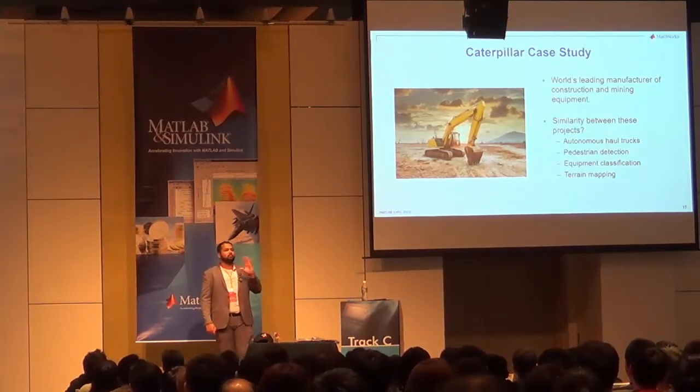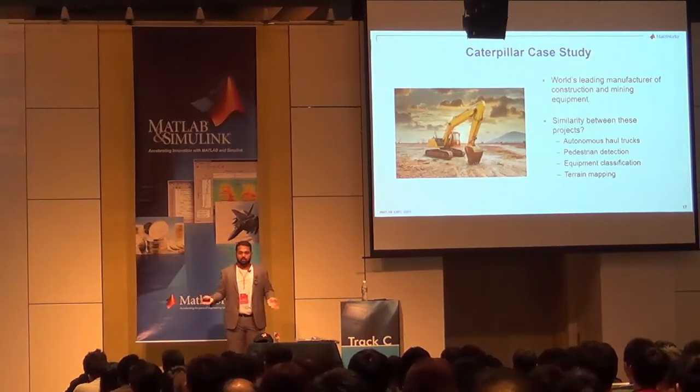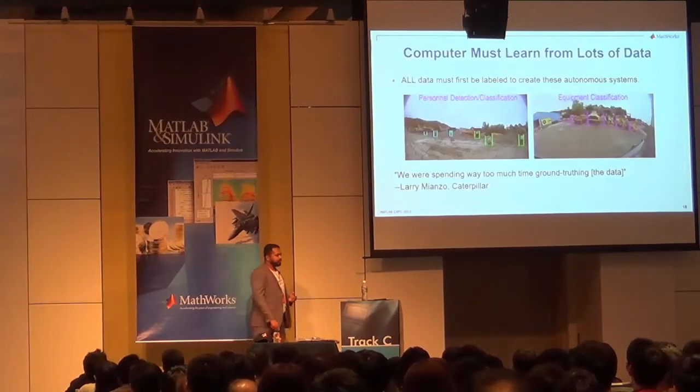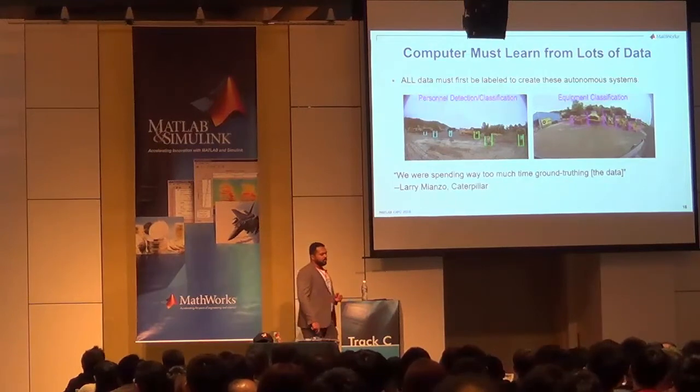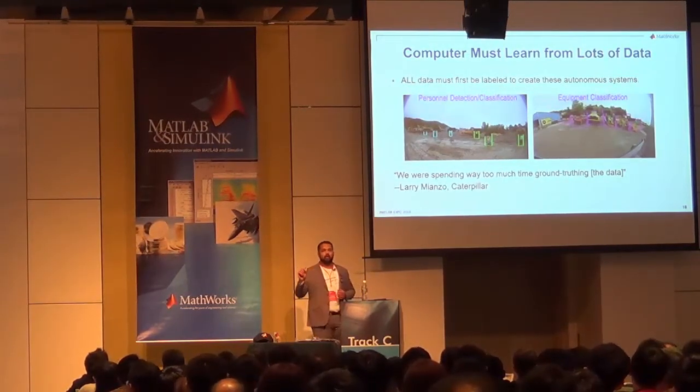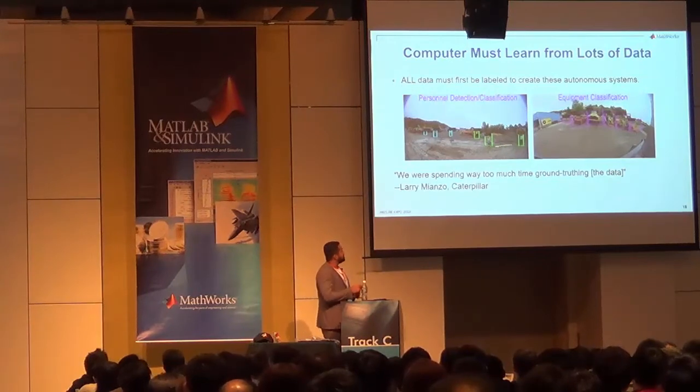So this is a massive labeling task, because nobody in the world, there's no public data set of construction vehicles. There's no public data set of people inside a construction zone. So this is something they had to become experts themselves. And that means that what they started out doing was they were hand labeling objects inside of different images.